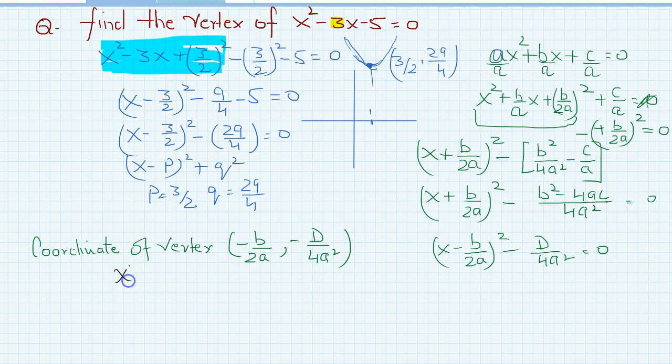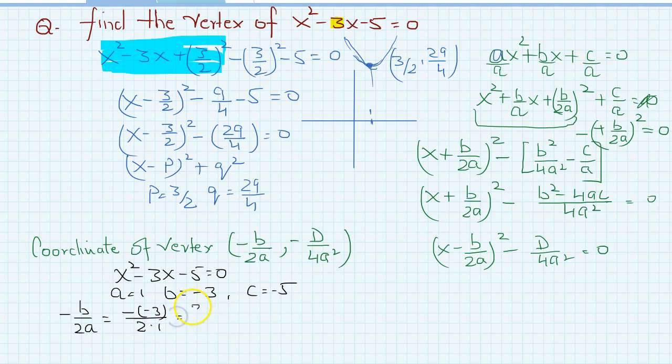From this equation, let's see the values. Our equation is x square minus 3x minus 5 is equal to 0. So a is equal to 1, b is equal to minus 3 and c is equal to minus 5. Let us see the value of minus b over 2a. Minus b over 2a is equal to 3 over 2, a is 1. So you can see that we can use the formula directly to get the x coordinate.